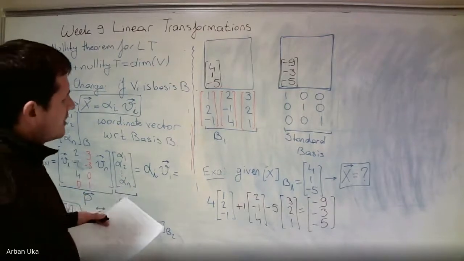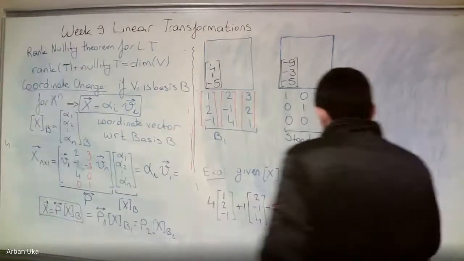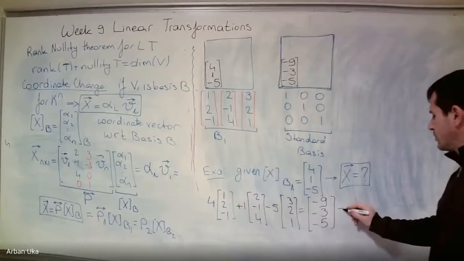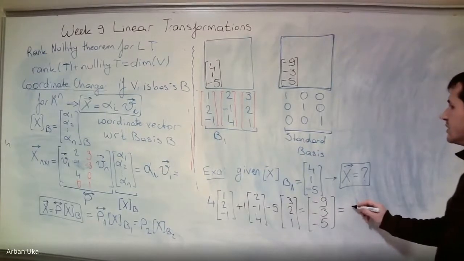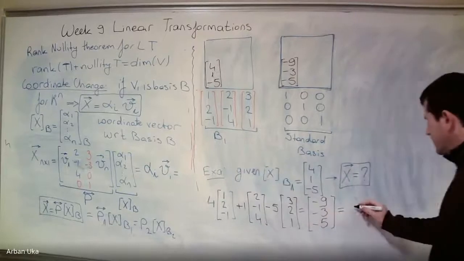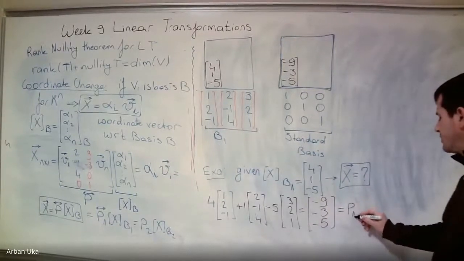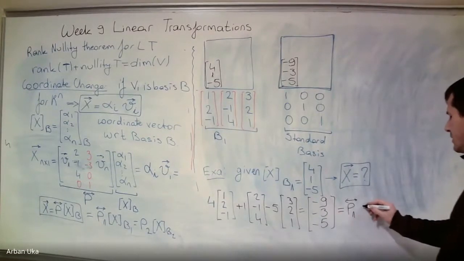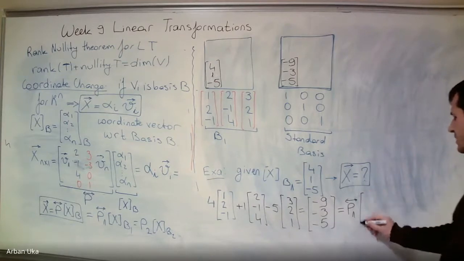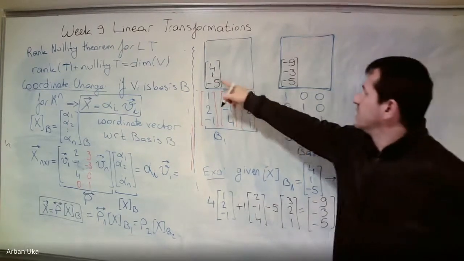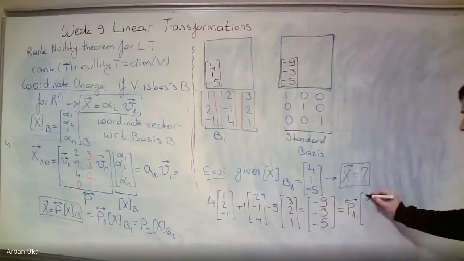Now, how did we find it? We noticed that this one was equal to, so this was basis B, but let me write this one as a matrix P1, right, times this vector here, 4, 1, minus 5.